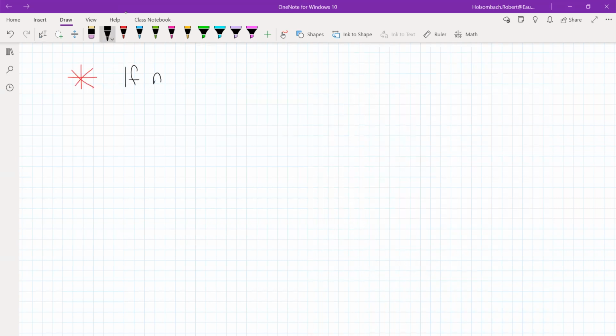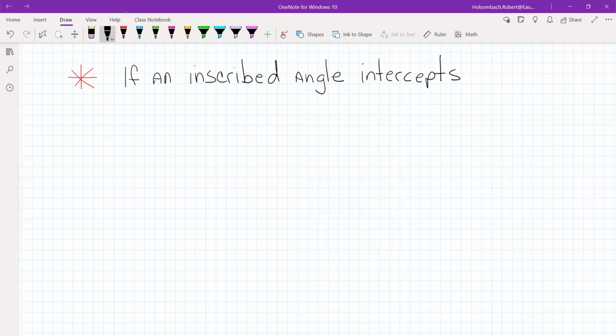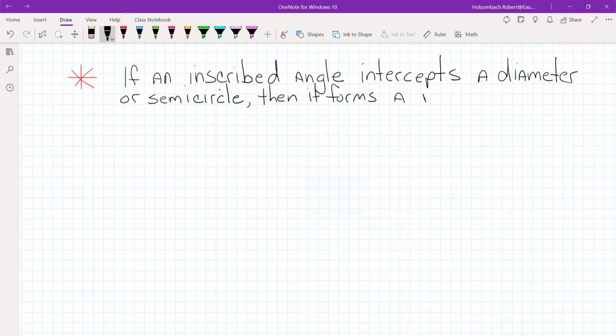We're going to say that if an inscribed angle intercepts a diameter or semicircle, then it forms a right angle.